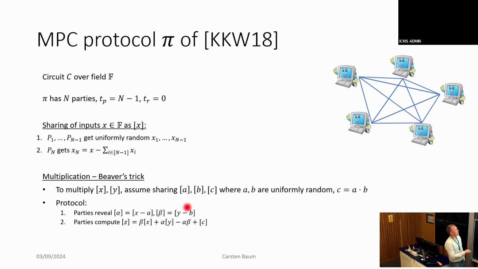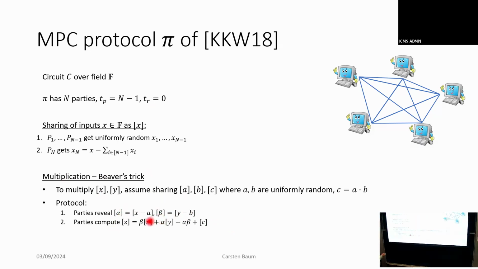Well, we use the linear property to subtract A from X and B from Y. That's a linear operation, that's local. Afterwards, we call these things alpha and beta. Then everybody just reveals their share of alpha and beta to all of the other parties in the multi-party computation.